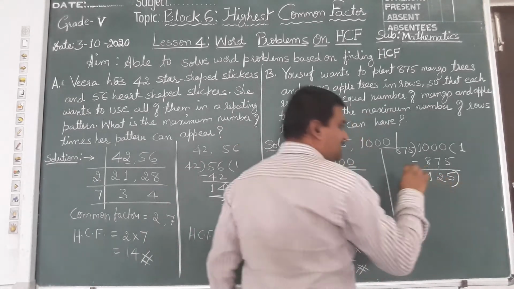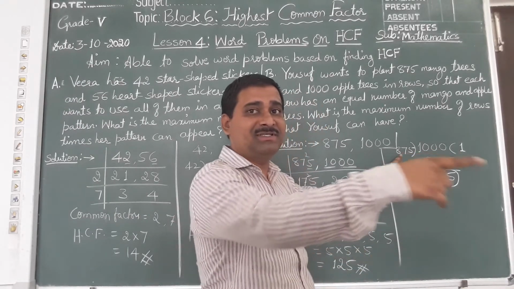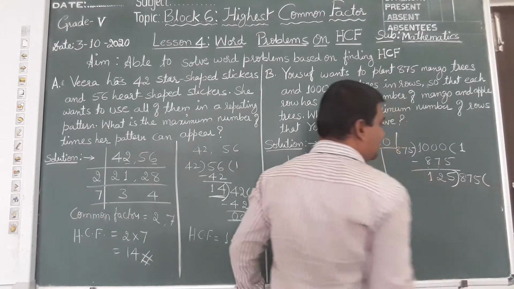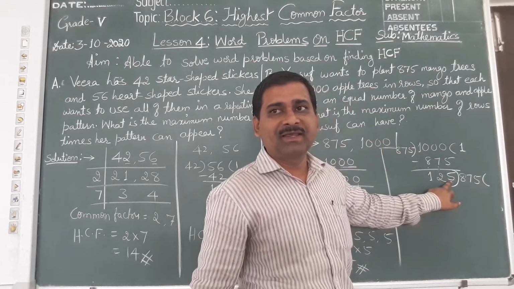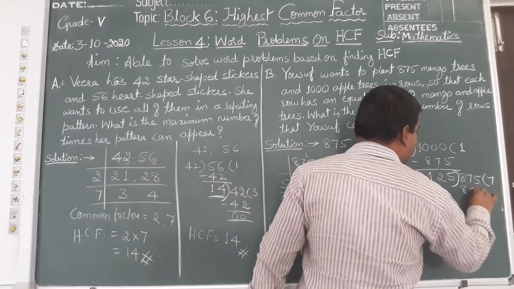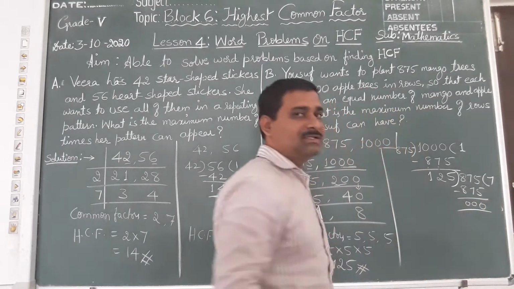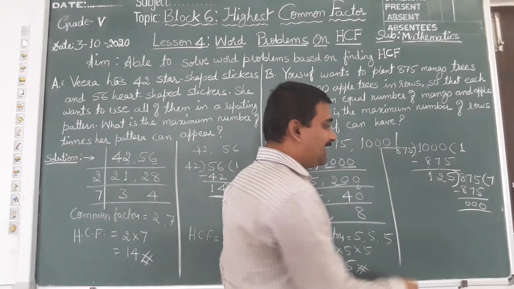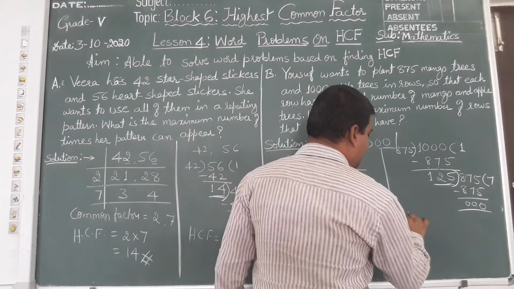Now 125 becomes the divisor. The remainder becomes the divisor, and the previous divisor becomes the dividend. 125 sevens are 875. Till you get 0 as the remainder, we should continue, and the last divisor will be the HCF.